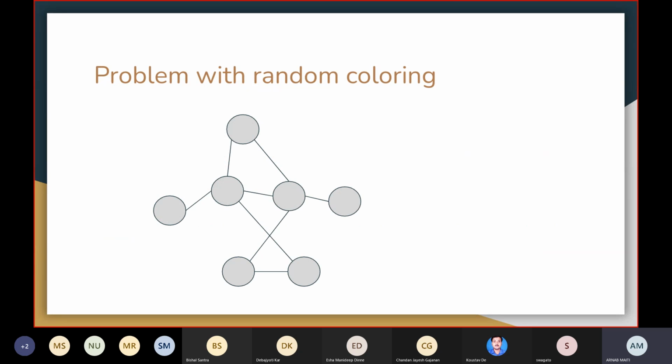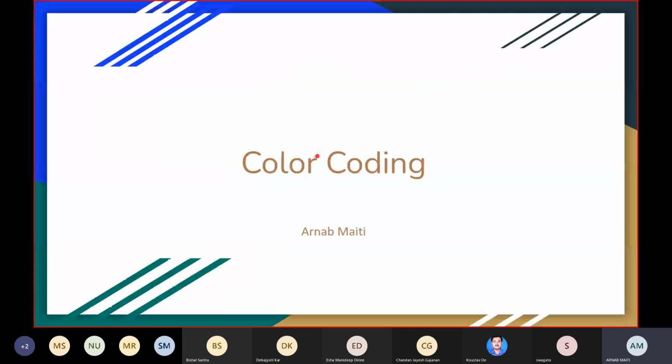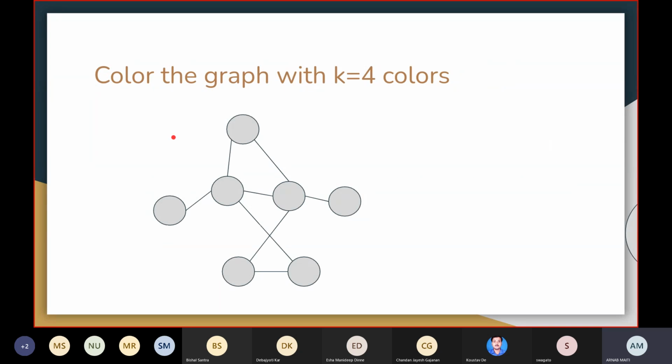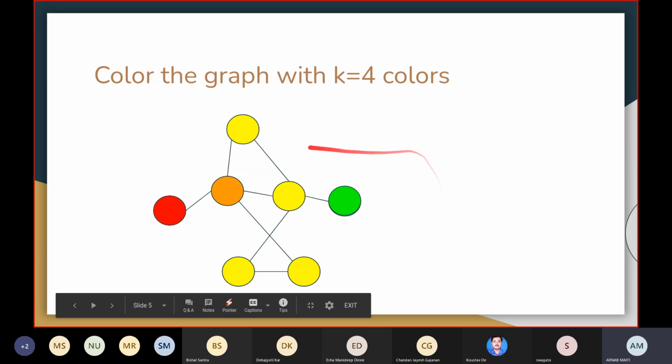But what is the problem? The problem is with random coloring, because if we want to solve the original longest path problem, we should be able to color in such a way that all the vertices of this path will be colored differently.